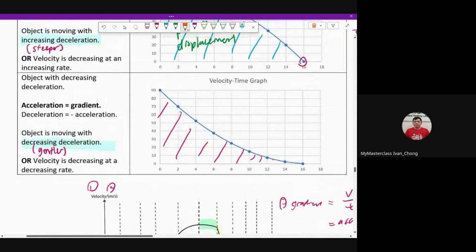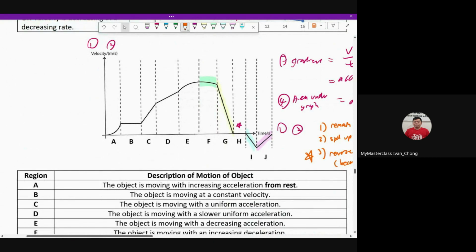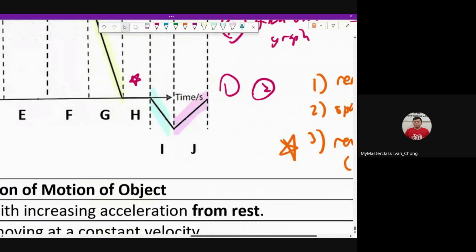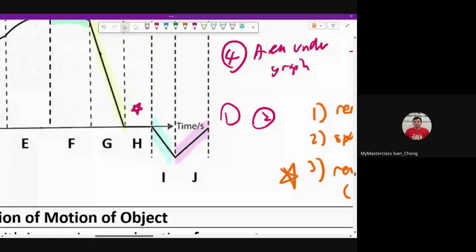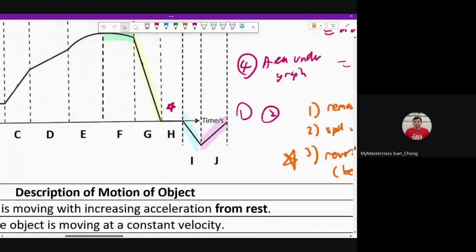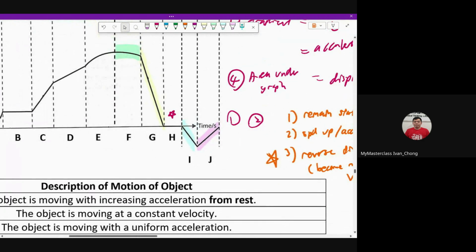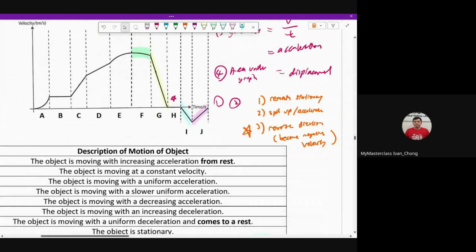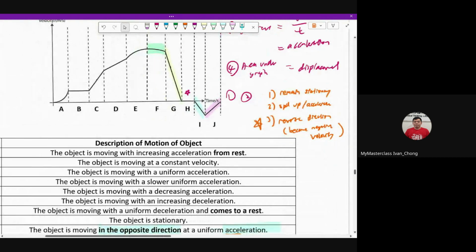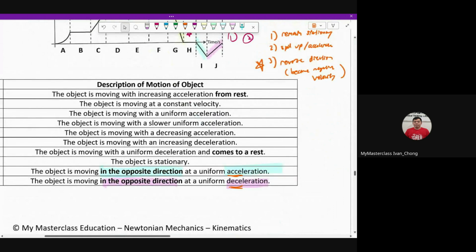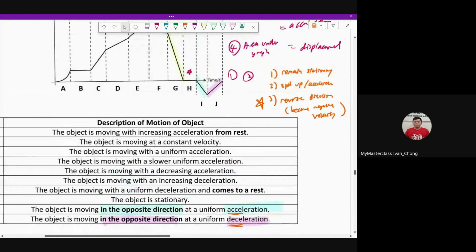If you just take a glance, normally this downward sloping, we will say that it's uniform deceleration. But because you're under the graph, you become a more negative number. From 0 to a more negative, what it means is that you're actually speeding up in the opposite direction. So you actually have uniform acceleration itself.